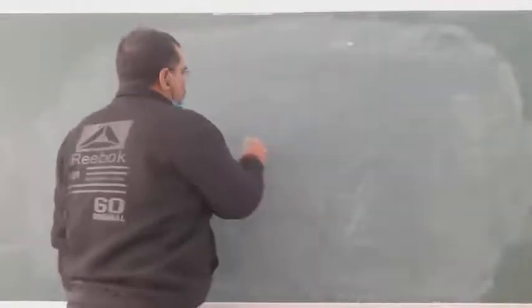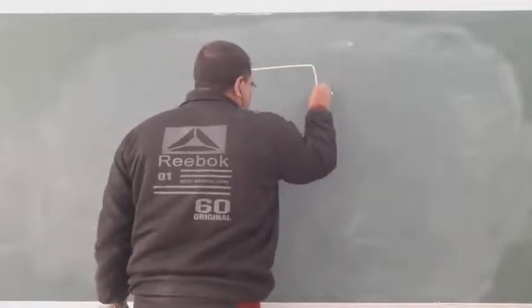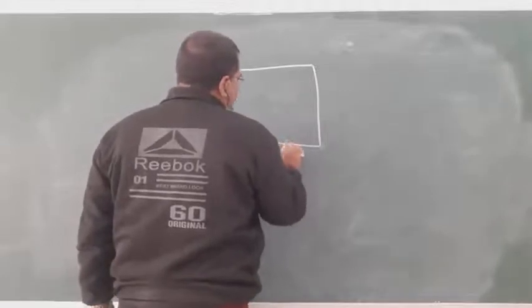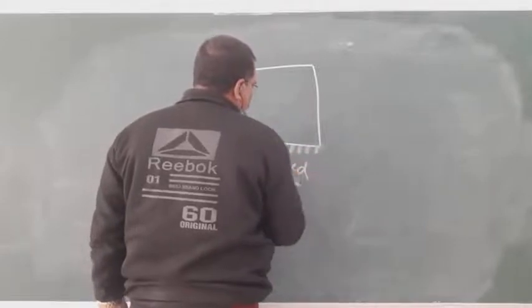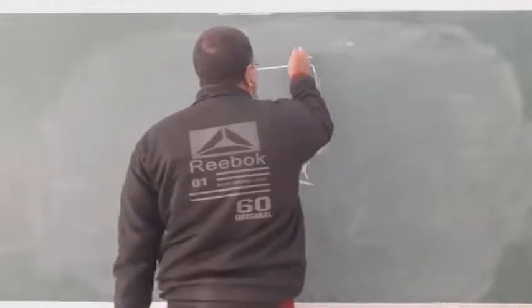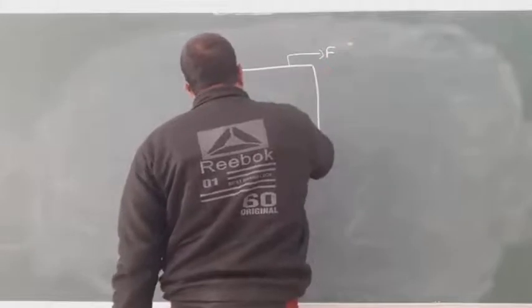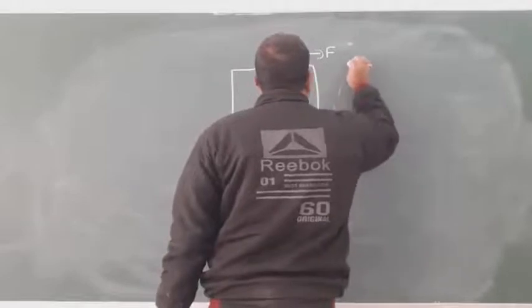Listen to one thing. Consider a volumetric body. This is the side view of the body. The lower face is fixed, and a tangential force is applied on it, so that the upper face will shift like that.